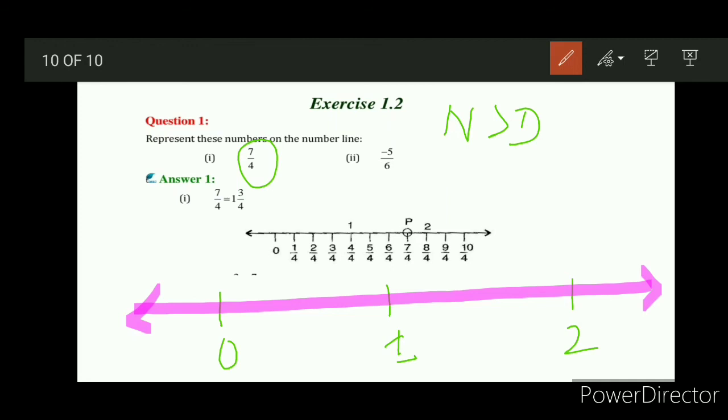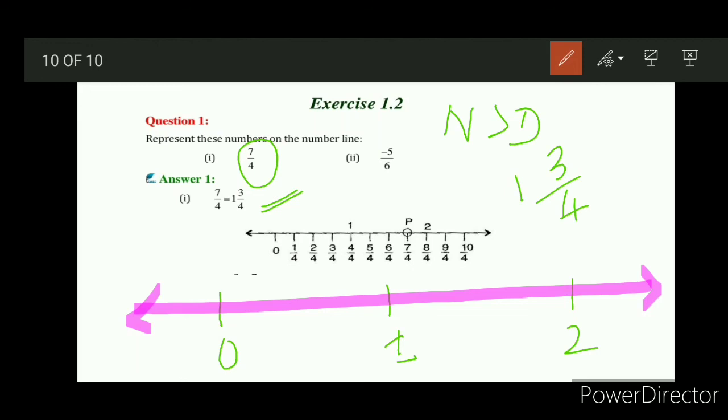This number should lie between 1 and 2. If we convert the improper fraction to a mixed fraction, we come to know which two numbers it lies between. See here we are getting 1 3 by 4. So this number lies between 1 and 2. That idea we will get.